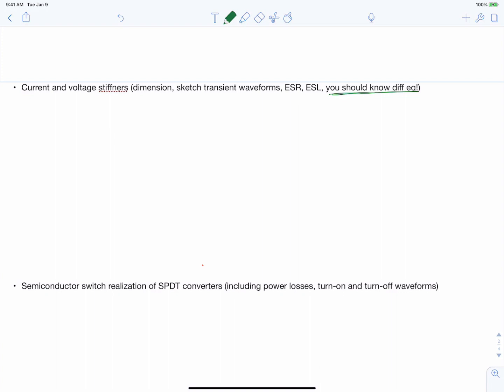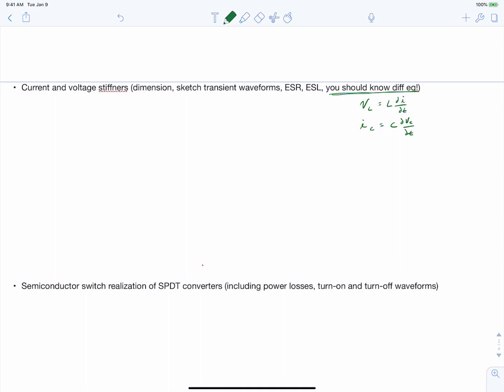That is, it should be fresh on your fingertips that the voltage across an inductor is equal to L di/dt, and the current through a capacitor is equal to C dVc/dt. And so you should be very familiar with how to use these differential equations in order to calculate the required inductance or capacitance to satisfy a ripple current or a ripple voltage requirement.